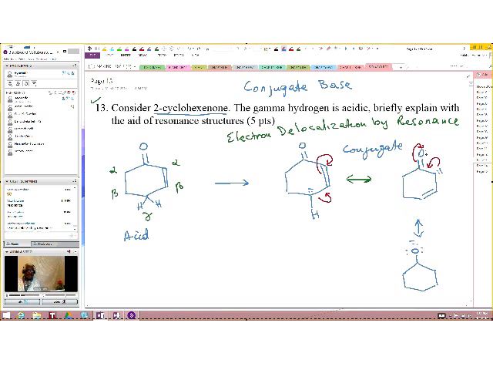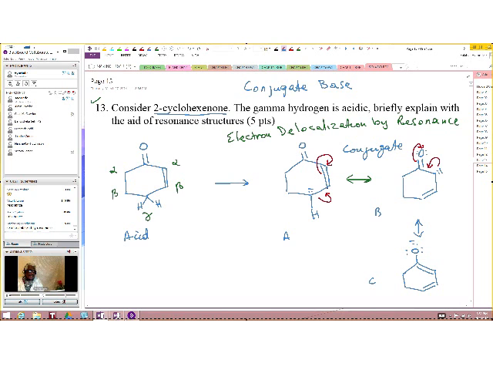Keep in mind that we have two pairs of non-bonding electrons already on oxygen here. So now we have this. So now we have three resonance structures. Let us call this A, B, and C. A, B, and C are resonance structures of the same conjugate base.